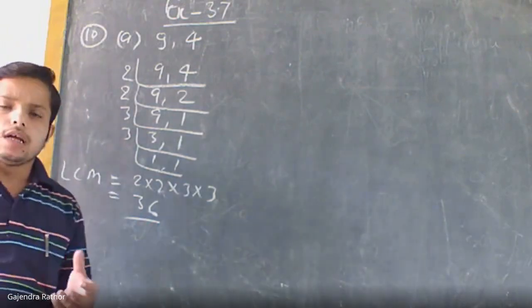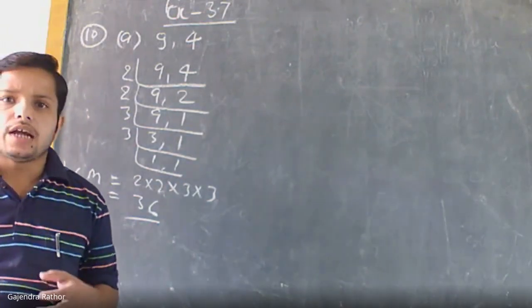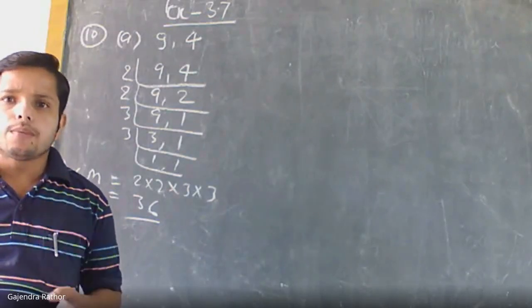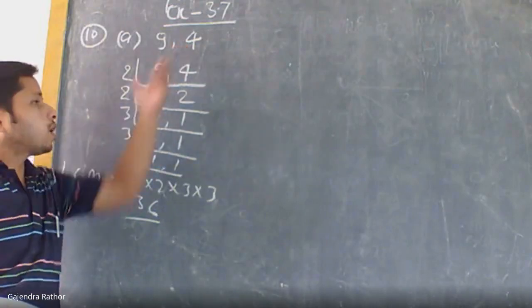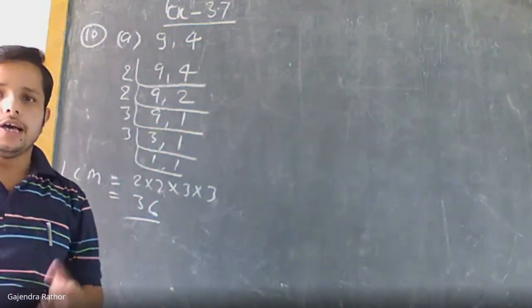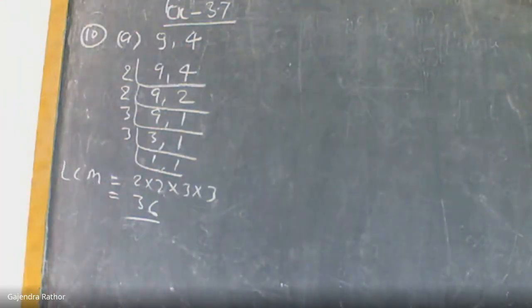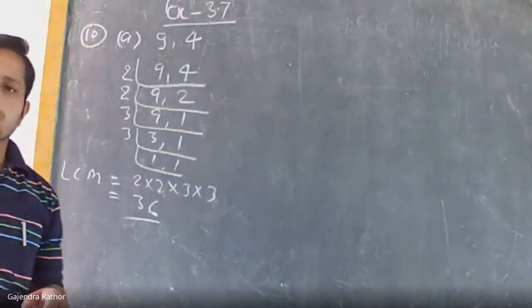This is complete. Now we have to find is there any other property, a common property. Is 36 a product of 9 and 4? Is it correct or not? Please comment. Once again listen.